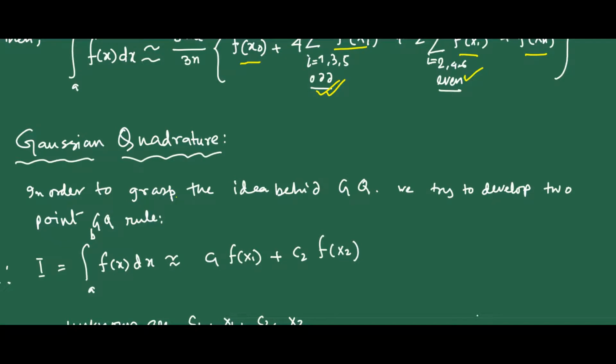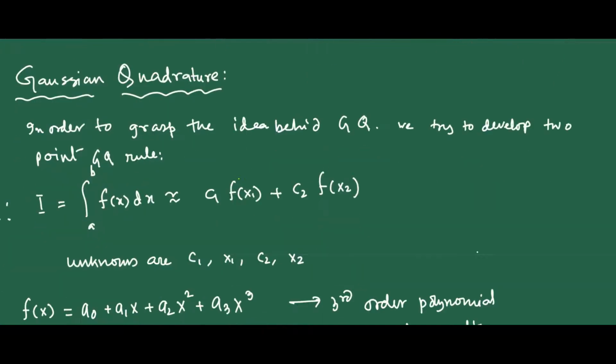Here the integral of f(x) dx can be approximated as c1 times f(x1) plus c2 times f(x2), where x1 and x2 are points within the interval of integration.